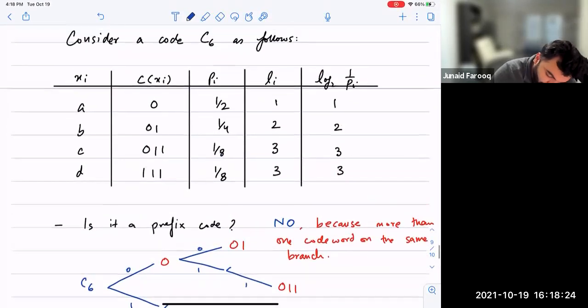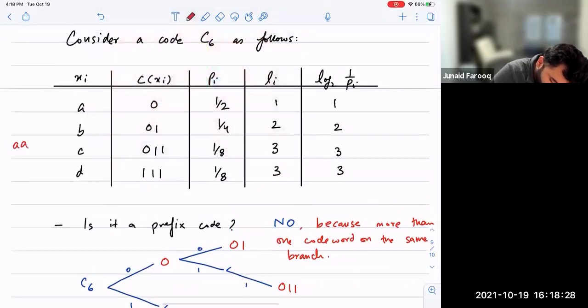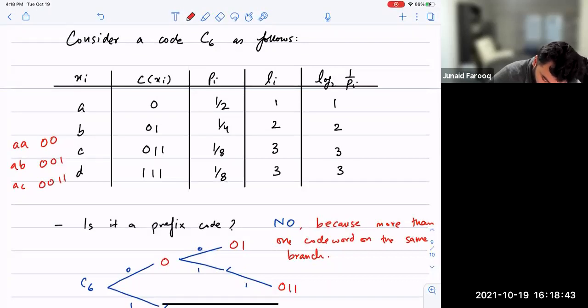You see? AA will be 0, 0, AB will be 0, 0, 1, AC will be 0, 0, 1, 1.